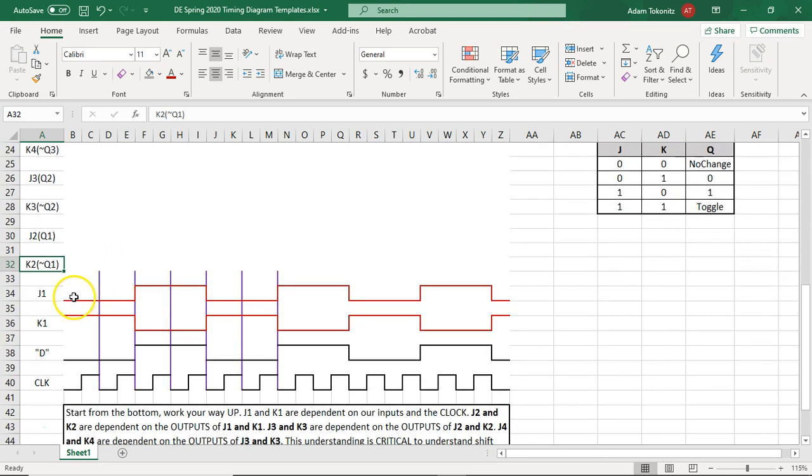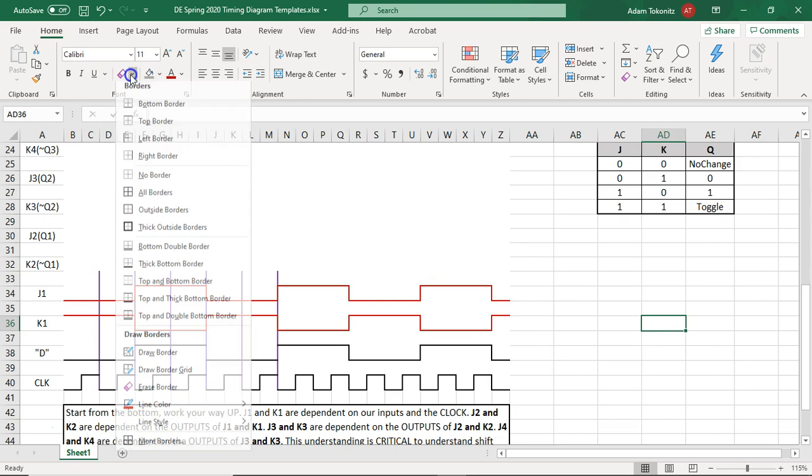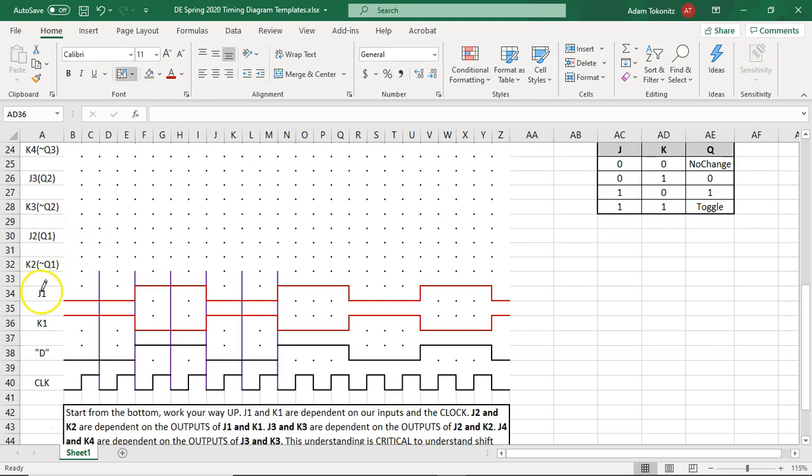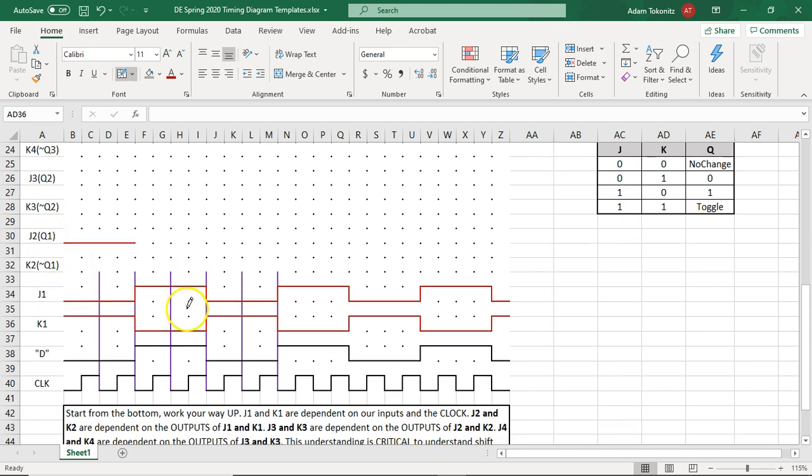So when J is 0 and K is 1, Q is 0. So Q1 is always going to be 0 anywhere that J1 is 0. So let's draw that border. Anywhere that J1 is 0, J2 is also going to be 0. Now at this trigger, at this purple line right here, J1 went to 1.